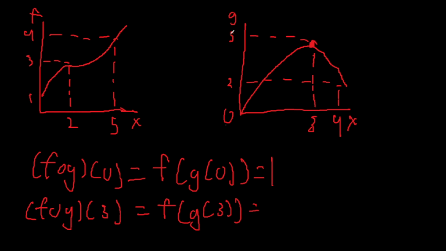That value of g becomes the starting point for finding the value of f. So you look at where the x value of 5 meets the f value on the other graph. And you can see that it meets at this point 5 and 4. So then you're going to have that f of g of 3 equals 4.